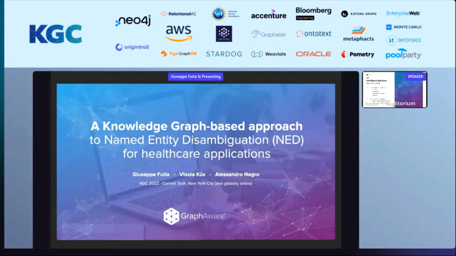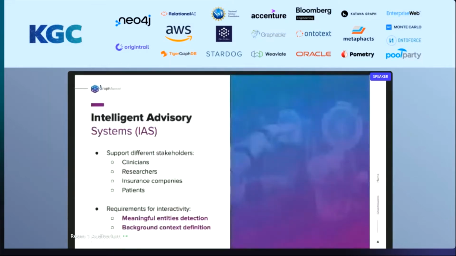So let's start with the context related to the intelligent advisory systems that can be really useful to support different types of stakeholders in the healthcare domain. These stakeholders include, for instance, clinicians, researchers, insurance companies, and obviously patients.